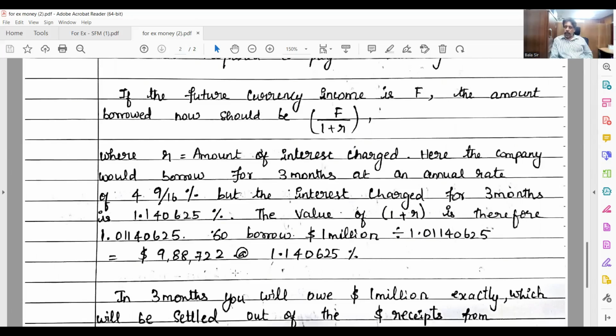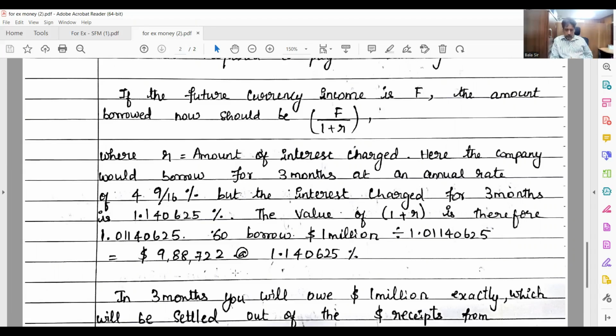Remember, F is in which currency? In dollars. The denominator R has to be the rate for dollars. But which rate? Since you're going to create a liability, take the borrowing rate. So F divided by 1 plus R.